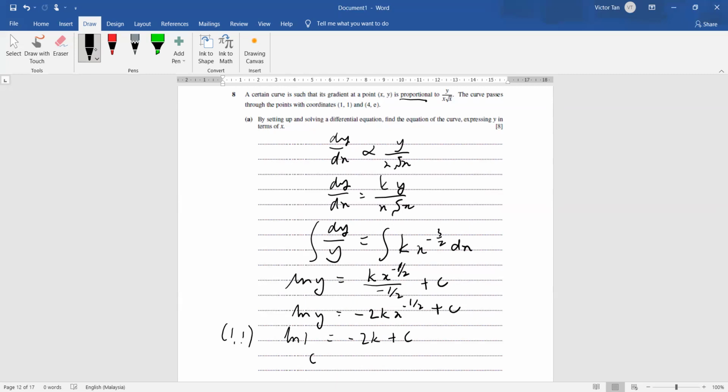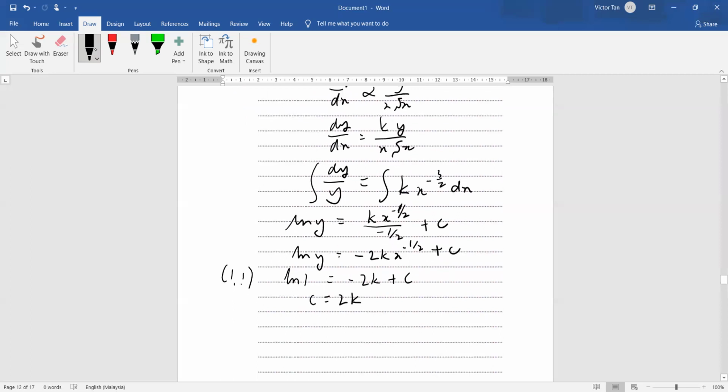For (4, e): ln e equals 2k times 4 to the power half, which is 2, plus c. Cancel the 2. c is minus 2k. So ln e is 1, equals 4k minus 2k.